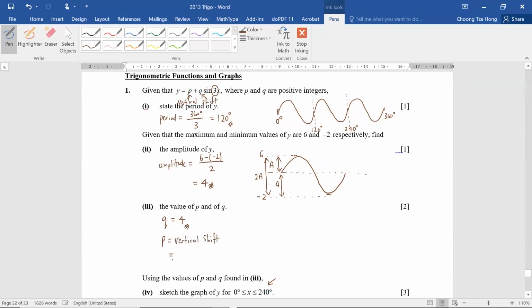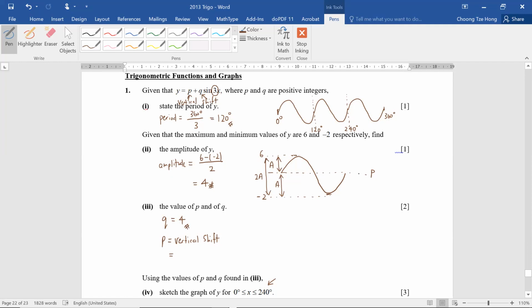This P value will decide whether the whole graph moves up or down, and the number will tell you move up or down by how much. So actually this P is this central level over here, which I drew in the diagram. You can see that if the maximum is 6, then the amplitude is 4.